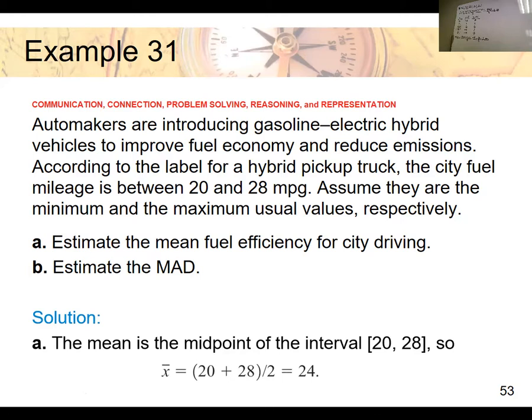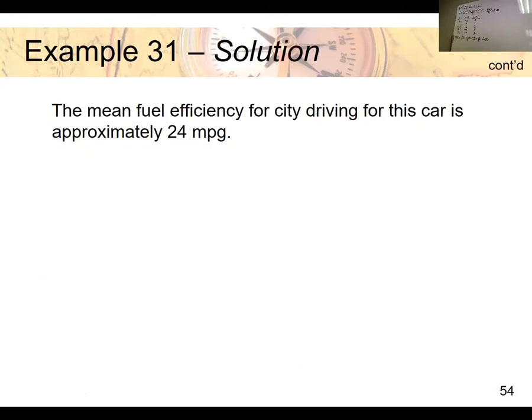Now here's part B. The mean fuel efficiency for city driving for this car is approximately 24 miles per gallon. Now in part B, they're using that formula that's in that orange box, where in this case, the maximum usual value was the mean plus 2.5 times the mean absolute deviation.